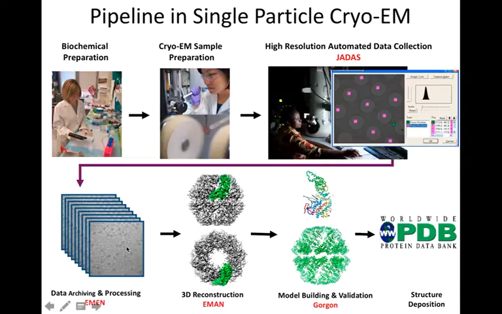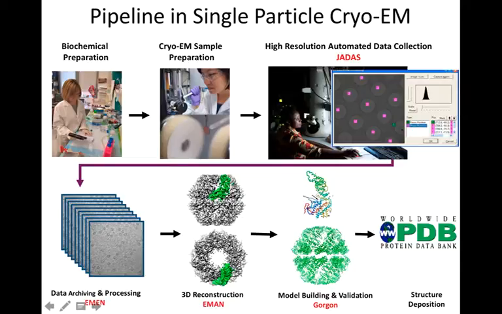The major thrust in the image processing is to find what we call orientations of each of these particle images, and then make all the image corrections due to artifacts generated in the electron images, and then combine them coherently to generate a three-dimensional density map.